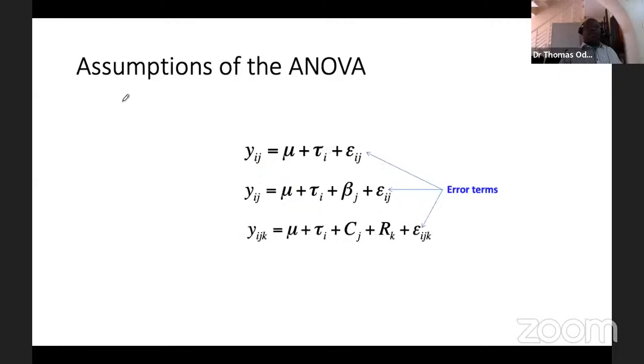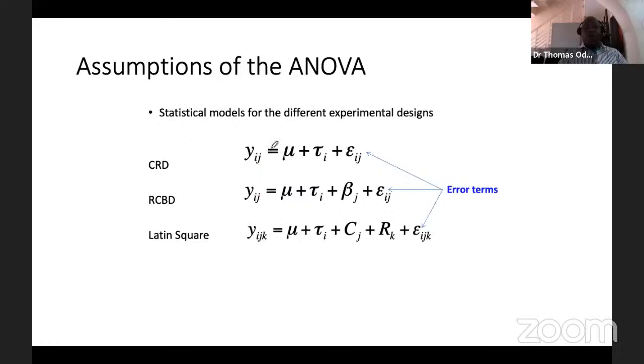Now, when we come to the assumptions of analysis of variance, of course, I talked about the different models. So we talked about a CRD model. In a CRD model, you have the general mean, you have the effect of the treatment, and anything else will be considered as our error. Then for RCBD, part of the error can now be broken out and become part of the block.